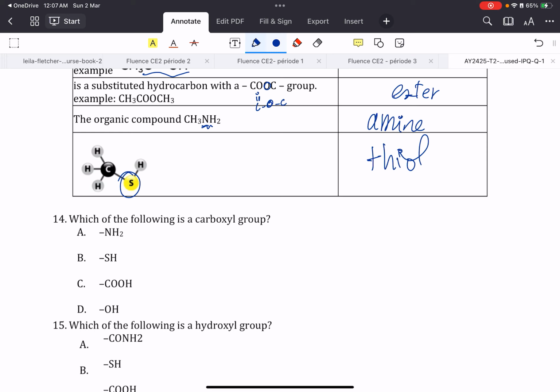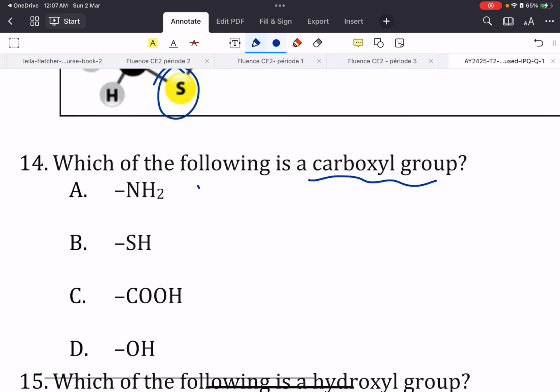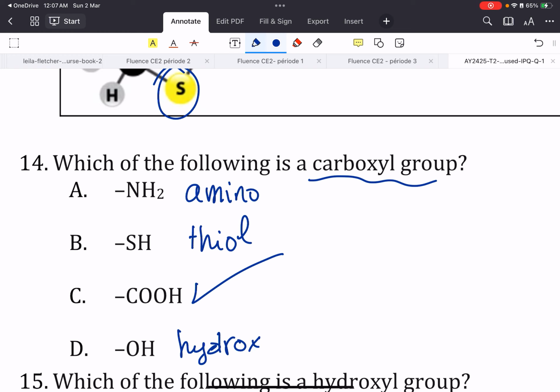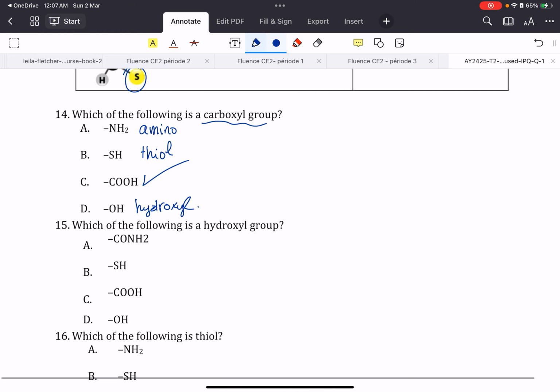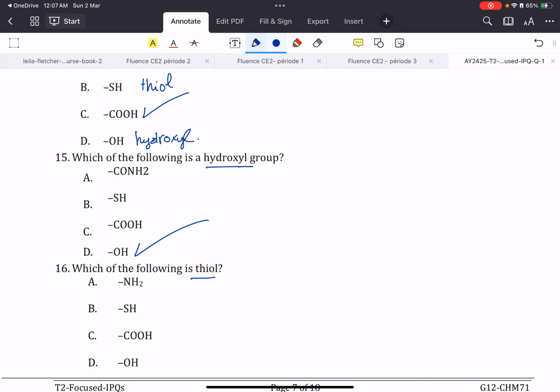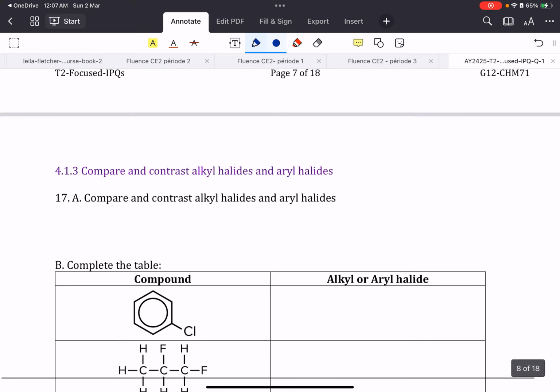Which of the following is a carboxyl group? This is an amino, this is a thiol, this is a carboxyl, this is a hydroxyl. Here you need to memorize the groups. Again, which one is a hydroxyl group? Which one is thiol? Okay, moving on.